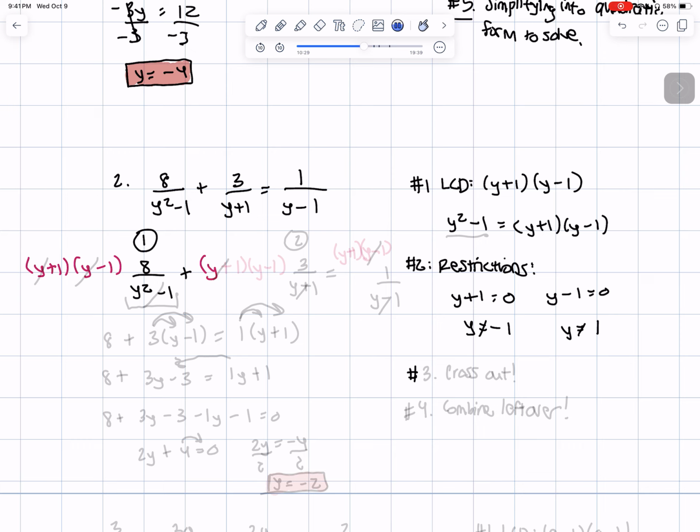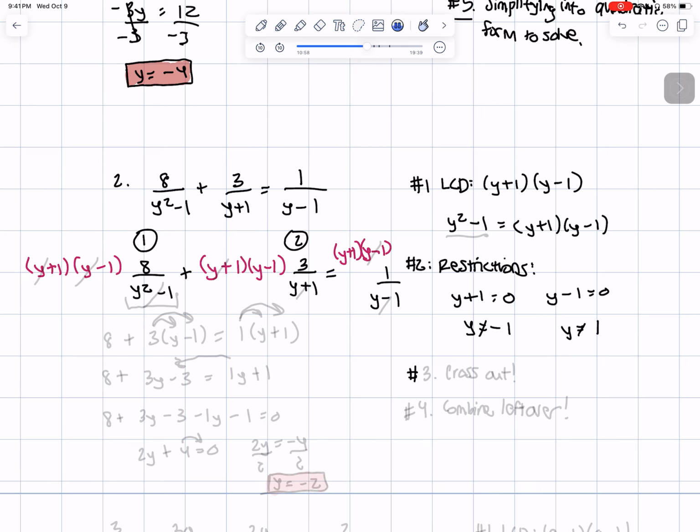We're still multiplying by the LCD. I know there's not very much room here.